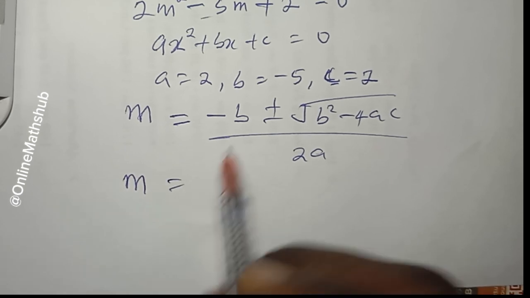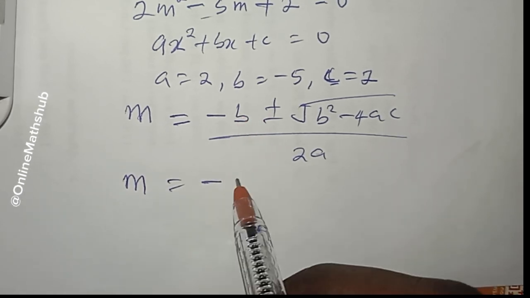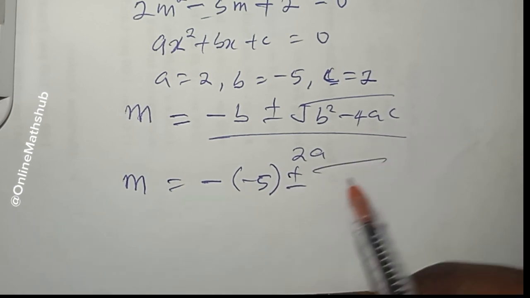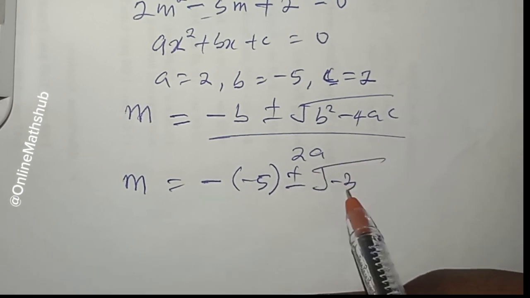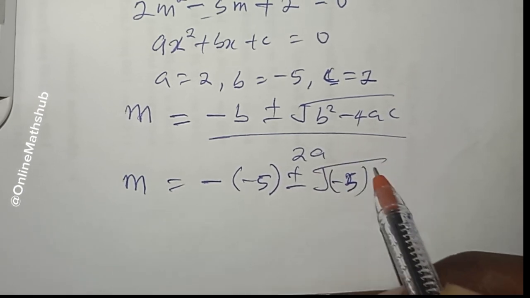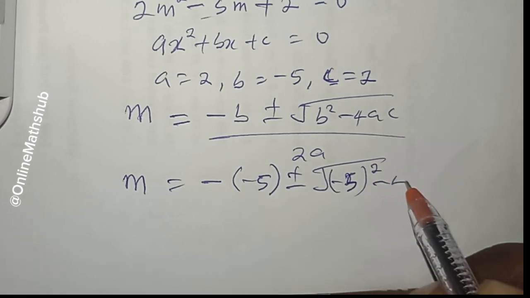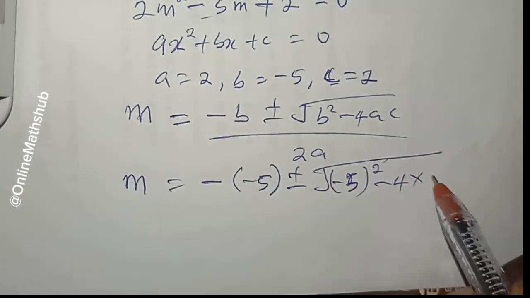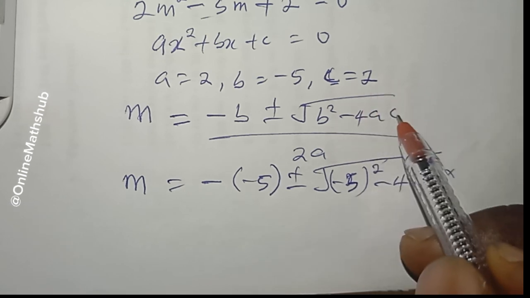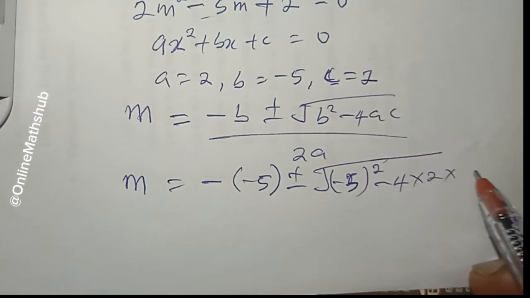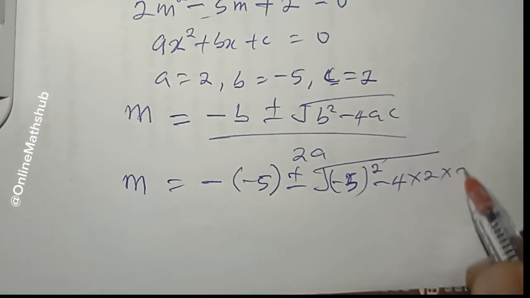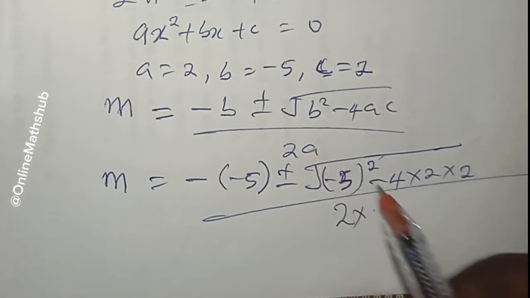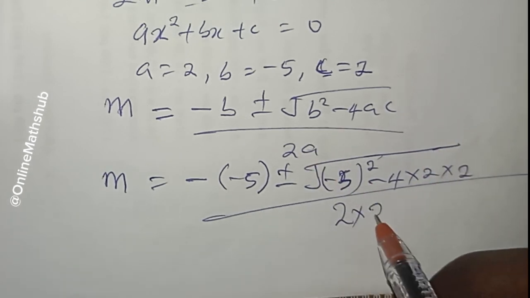So m is now equal to minus, okay, minus 5 plus or minus the square root of minus 5 all squared, minus 4 times a, which is 2, and then times c, which is also 2, all divided by 2 times a, and that is 2 times 2.